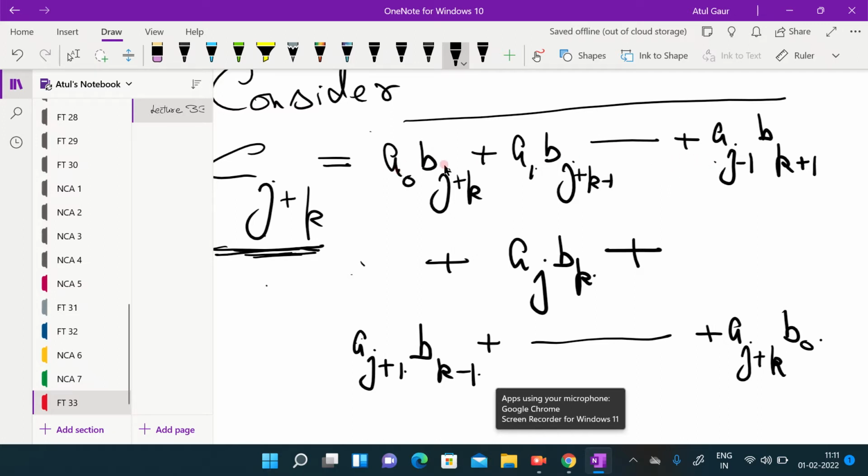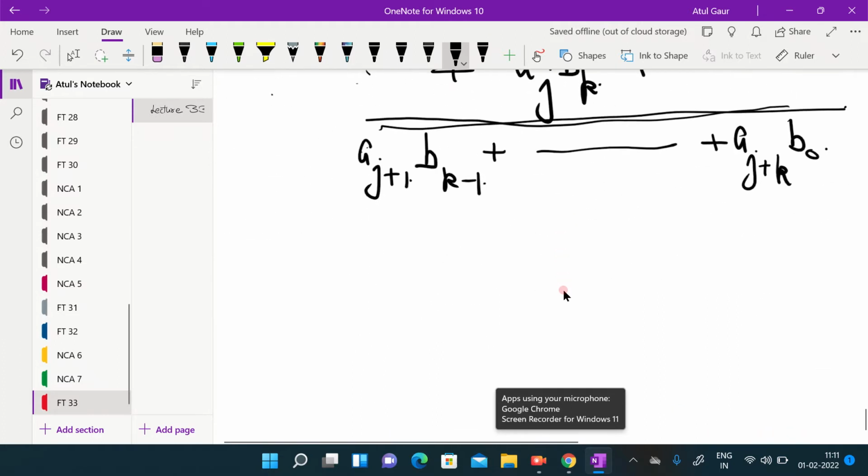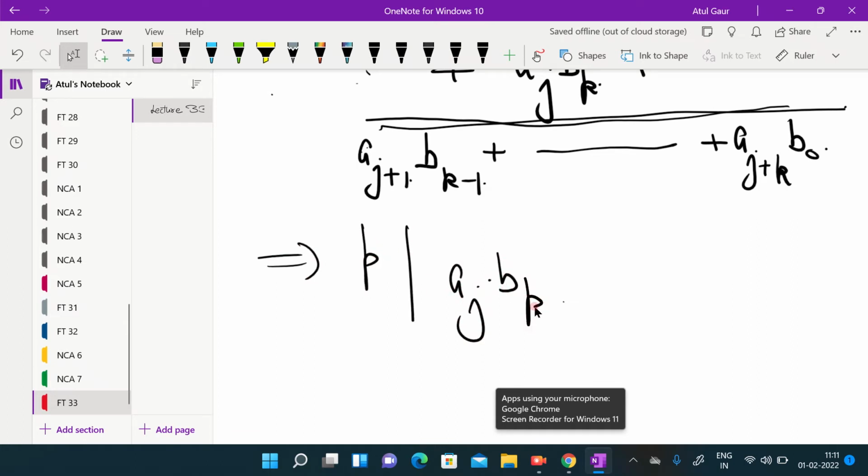So p divides a0, a1, a2, aj minus 1, so p divides this. And because p divides b0, b1, b2, bk minus 1, so p divides this. So p divides this whole term, p divides this sum, p divides this sum. That simply means p has to divide Aj Bk as well. So p divides Aj into Bk.